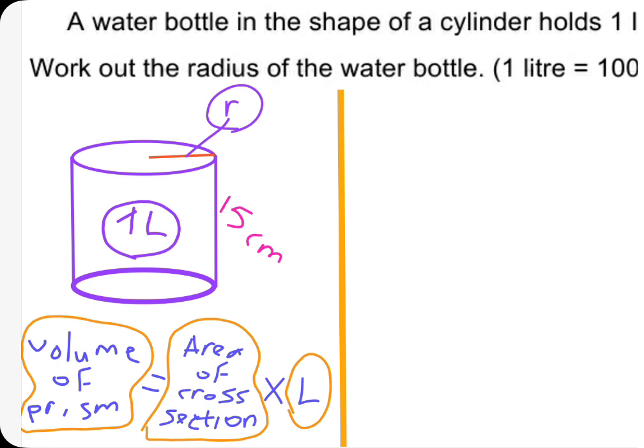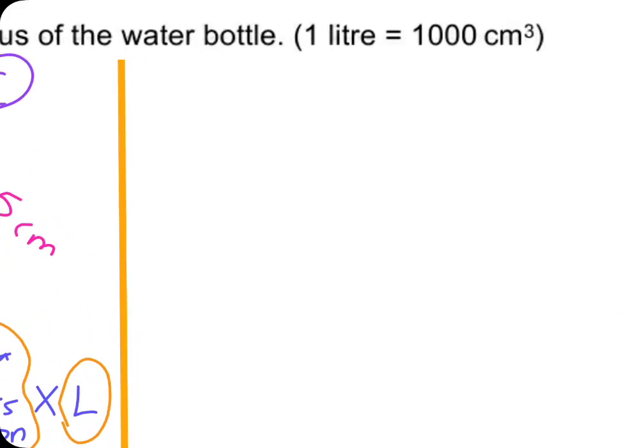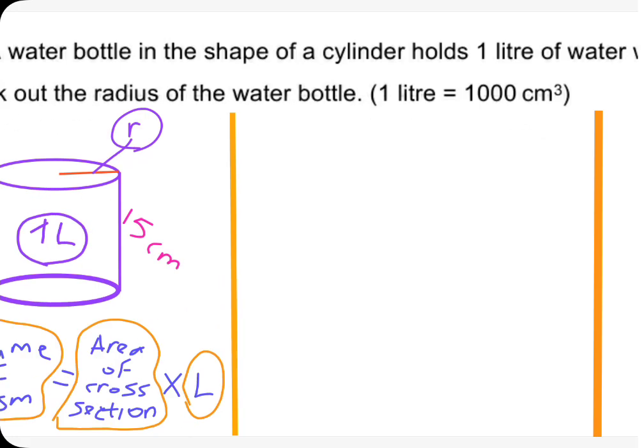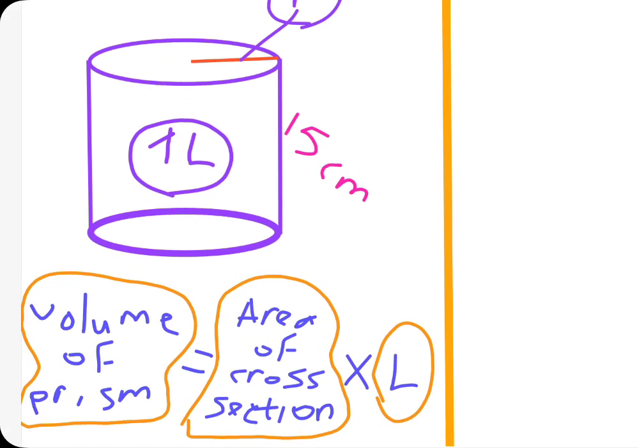Now, we know the formula of the volume. Let's use it to find out the radius of the circle. First, let's divide the worksheet place into 2 places, here and here. In this part, we're going to find the area of the cross section, which is the circle, using this formula.